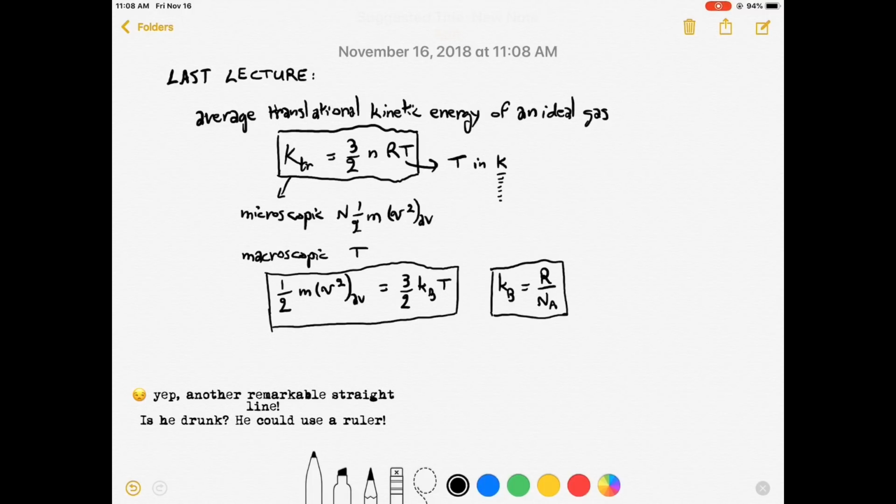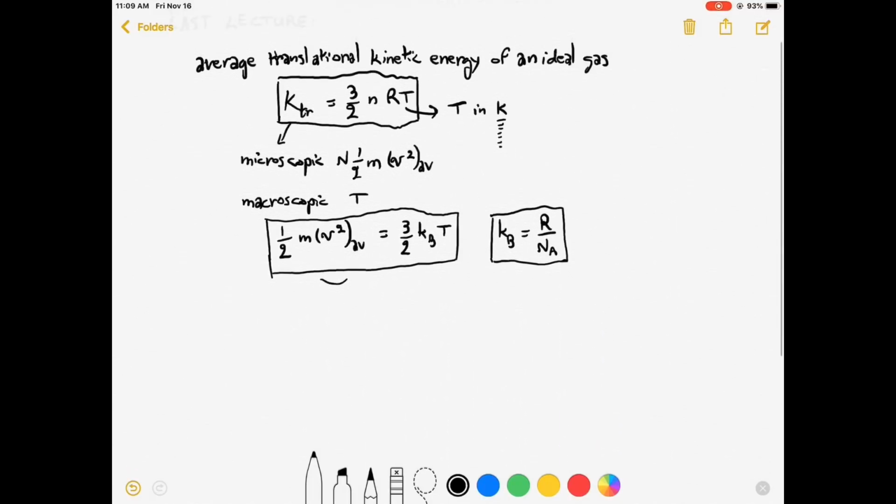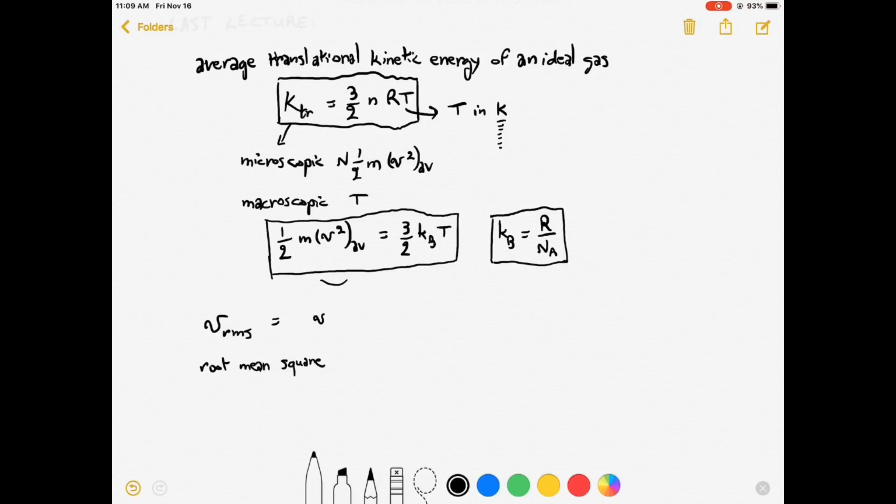Today we're going to continue. There is one term that is useful to represent the average of the square velocity. If we take the square root, we write this as v_RMS, which stands for root mean square. So you take the velocity, square it, average it, and then take the square root.